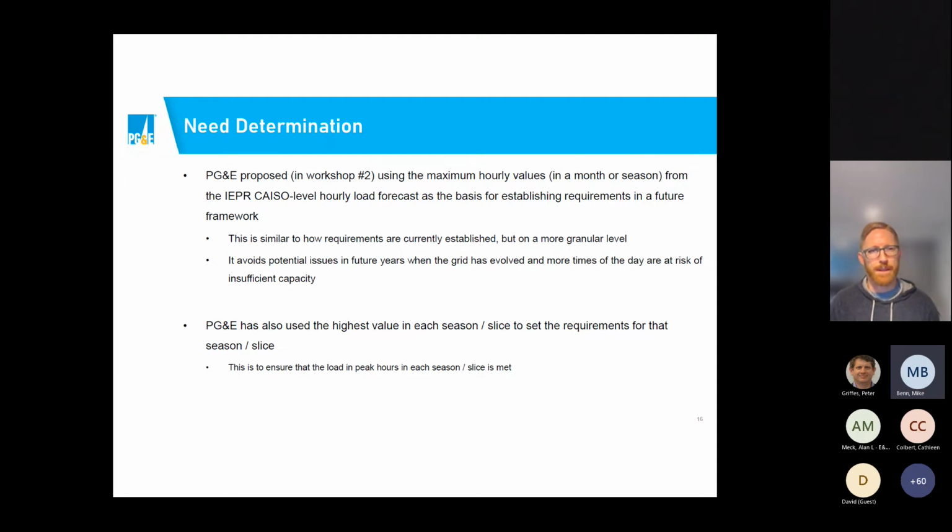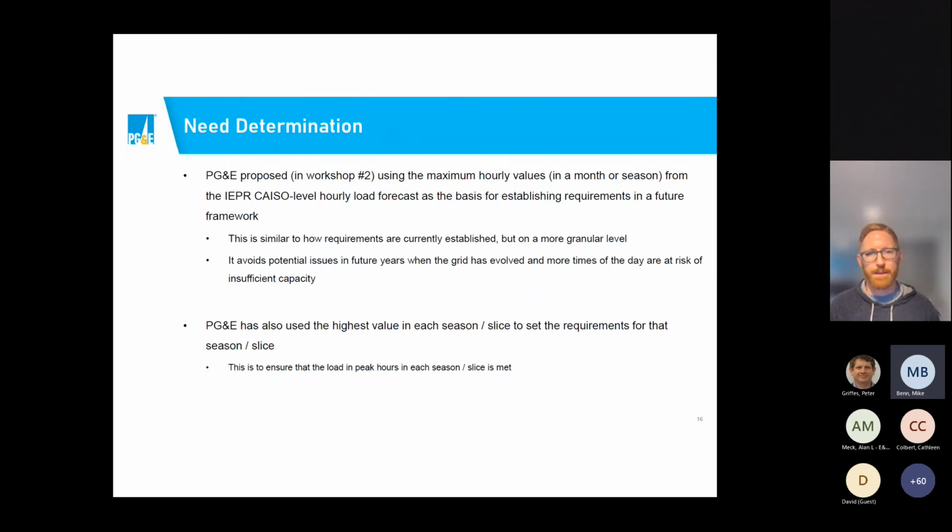And then the second one is we had also used the highest value in each season and slice to set the requirements for that season and slice. There are alternatives, so instead of using the highest value, you could use an average value.